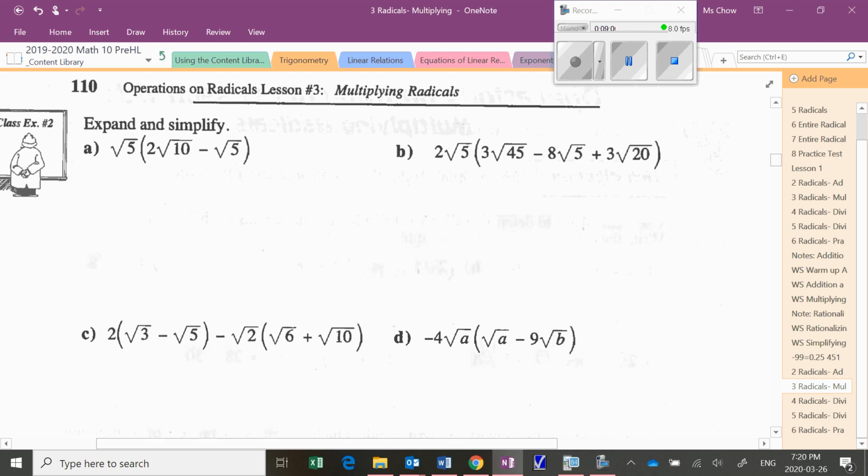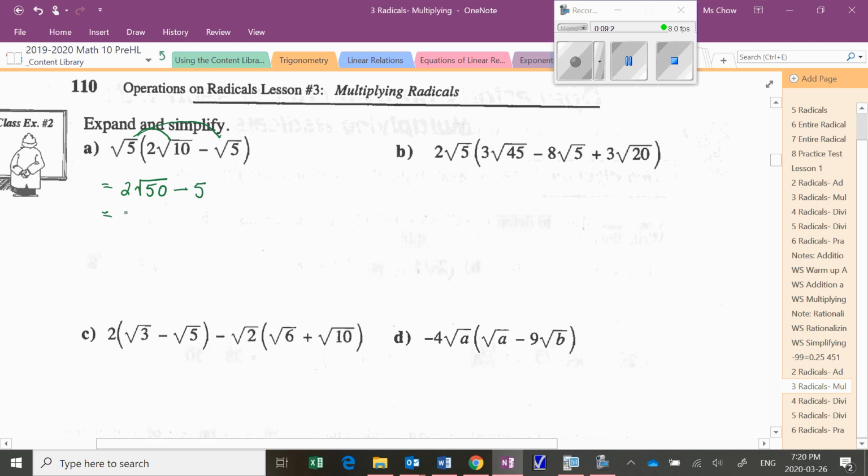So if we've got root 5 times 2 root 10 minus root 5, we're going to distribute that into both terms. So root 5 times 2 root 10 is 2 root 50, and then minus root 5 times root 5 is just going to be 5. If you feel more comfortable writing root 25 and then 5, that's fine as well.